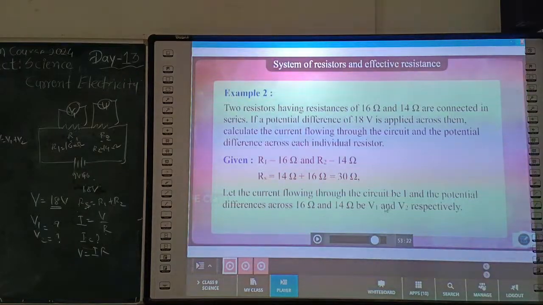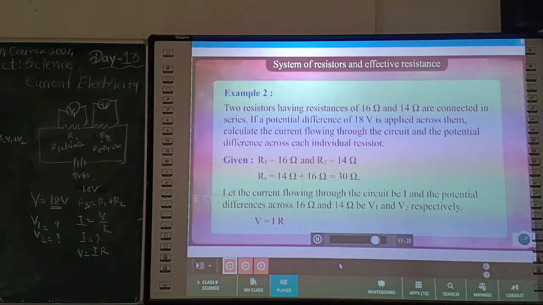Given quantities. Let R1 and R2 and V1 and V2 be the potential differences applied. 16 ओम के लिए हमने V1 लिया है और 14 ओम के लिए V2. Let the current flowing through the circuit be I and the potential differences across 16 ohm and 14 ohm be V1 and V2 respectively.